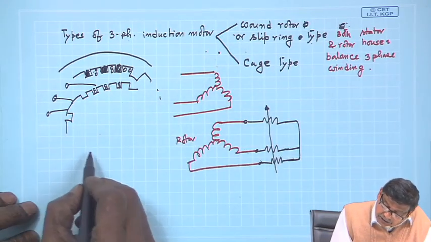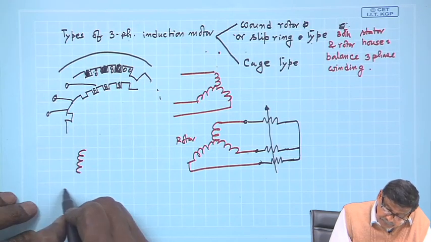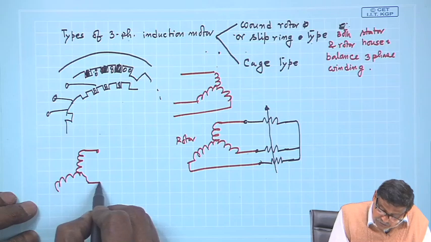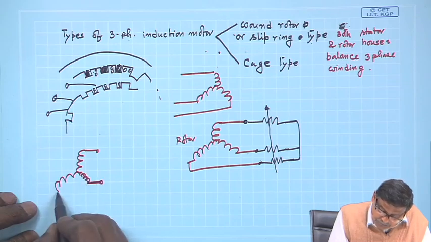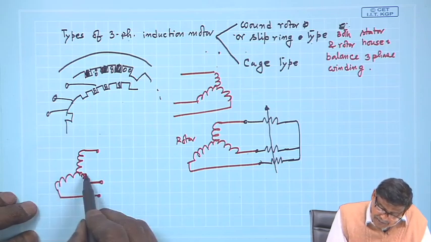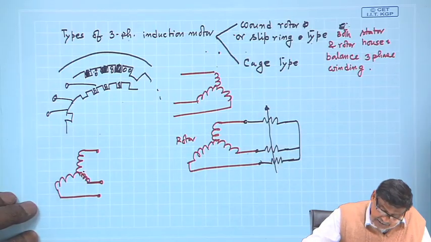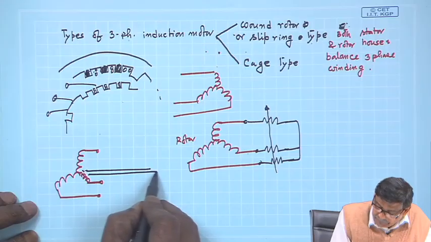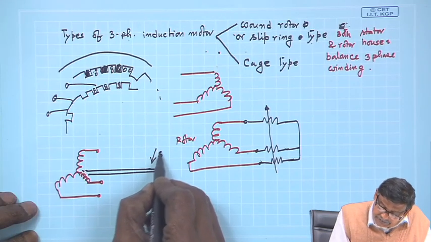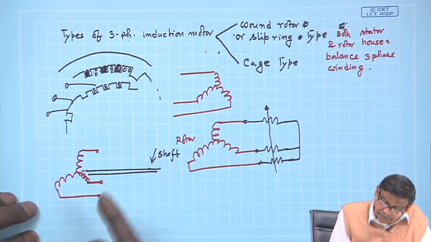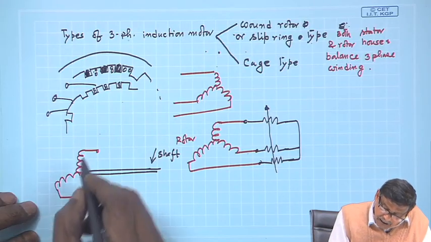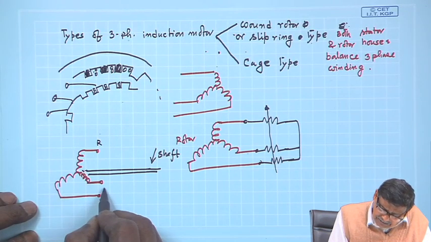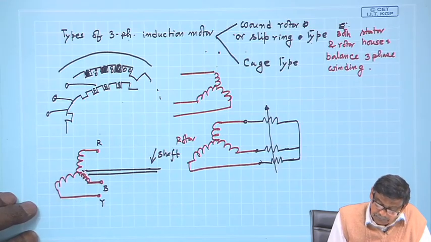Suppose this is the rotor and this structure will rotate. So, these terminals will also rotate, we know. This is a sketchy diagram, but you can get the feeling. Suppose this is the shaft of the motor. Idea is important. Suppose this is R, this is Y, this is B, the rotor terminals.